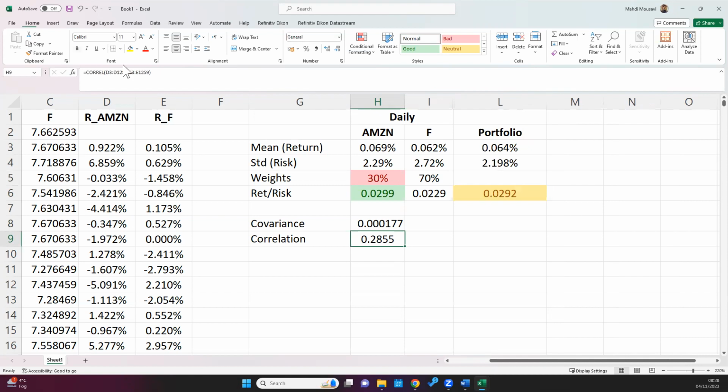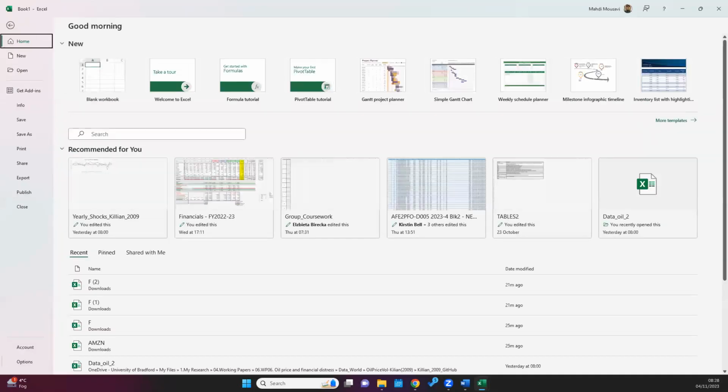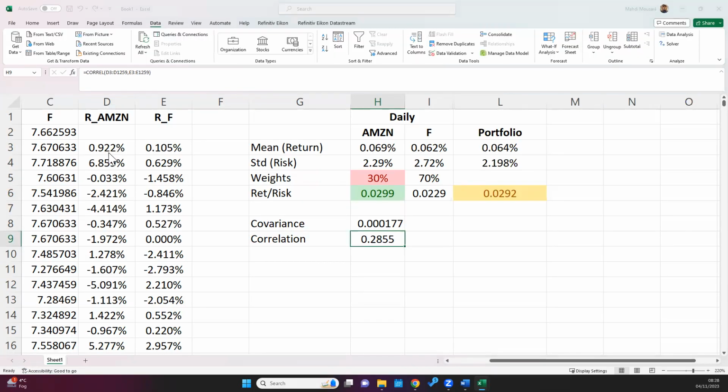There is one way we can use in Excel, using Solver. If you go to the Data panel, there should be another sub-panel called Analysis, and Solver should be there. If you don't have this one, you need to go to File and select Options.